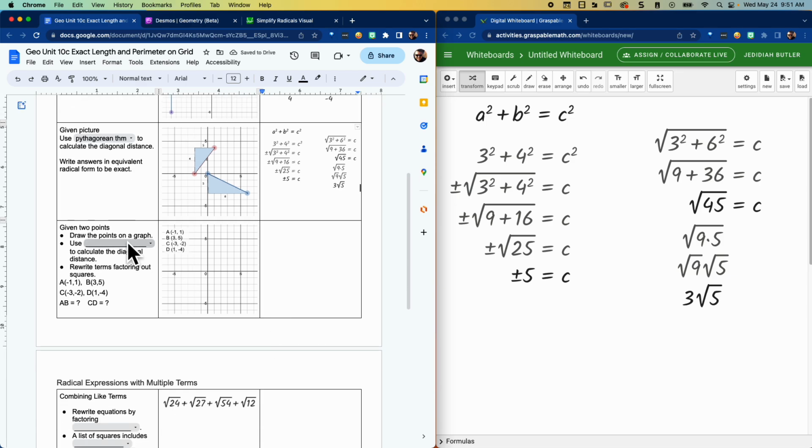All right, now for given 2 points, again, we're going to use Pythagorean theorem to calculate the diagonal distance, and we're going to rewrite the terms factoring out squares. And in fact, that should be up here, just like we had before. So I'm going to copy and paste that. But on your paper, your copy, it will all be in there.